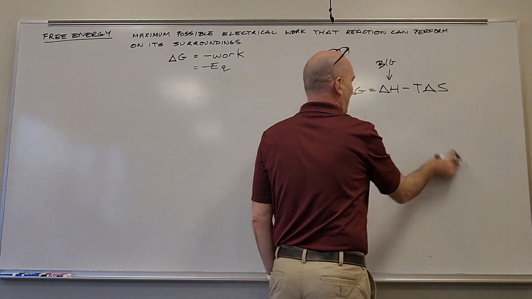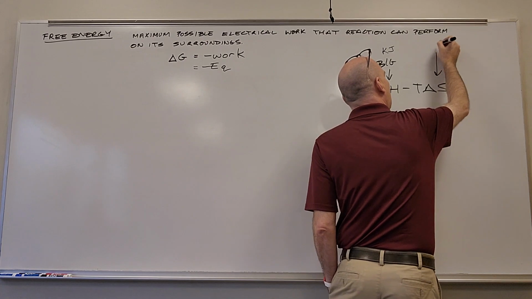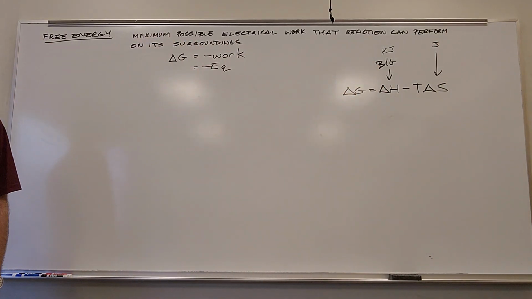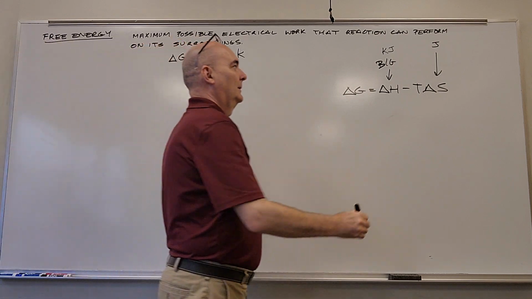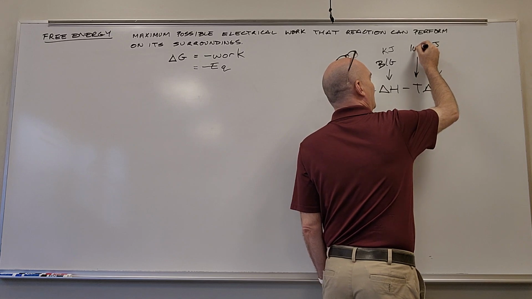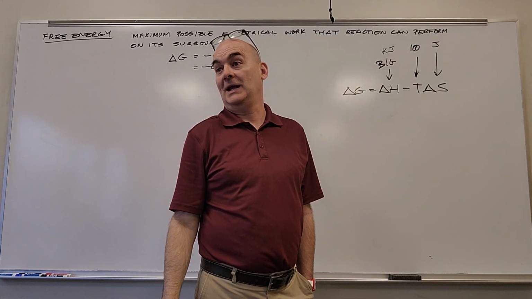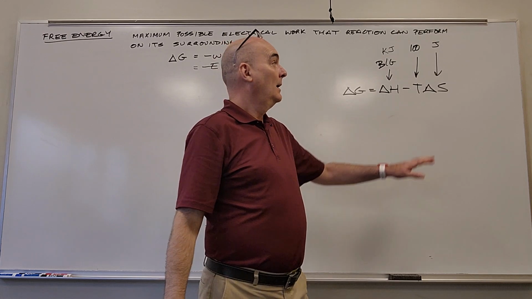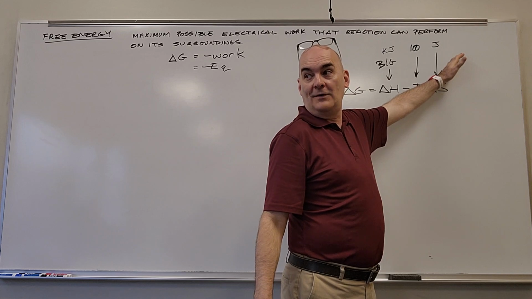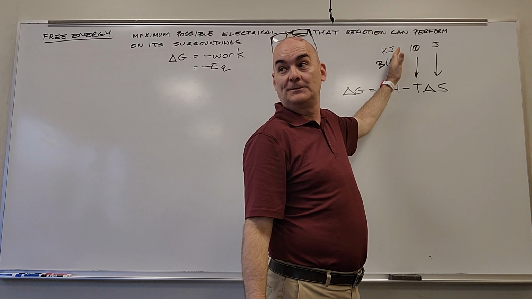So those are usually big, in the value of kilojoules, and entropies are small. They're joules. And then this is the deciding factor, because temperature is usually in Kelvin, usually in hundreds. And these hundreds of joules might be enough to impact these thousands of joules.